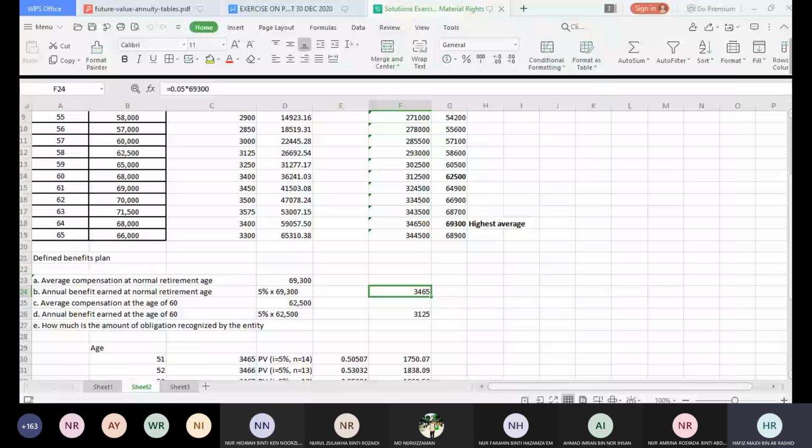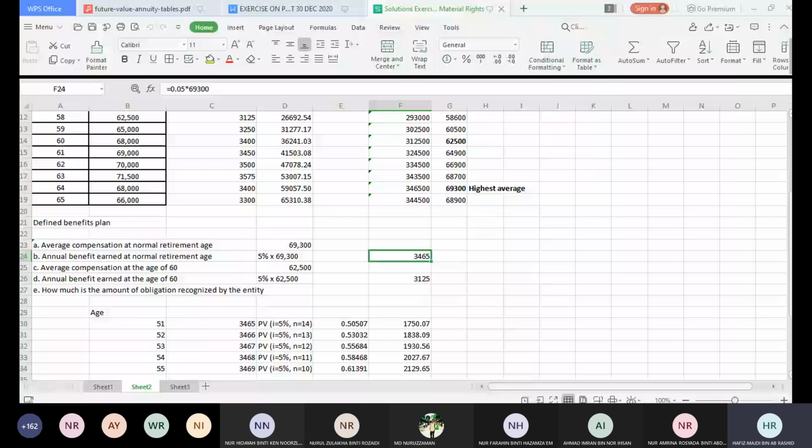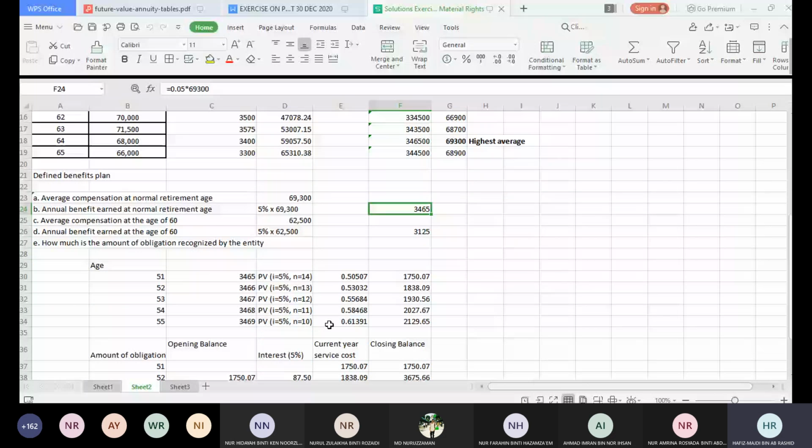Once Mr. Ahmad completes his first year of service, he has earned the first 3465. Then he will earn another 3465 every year until he retires. So that's why you can see here I put at the age of 51, Mr. Ahmad earned 3465, at 52 another 3465, until actually the age of 65.